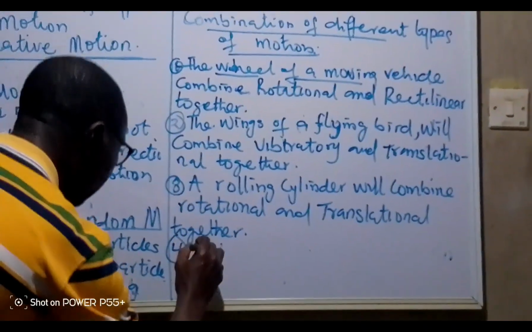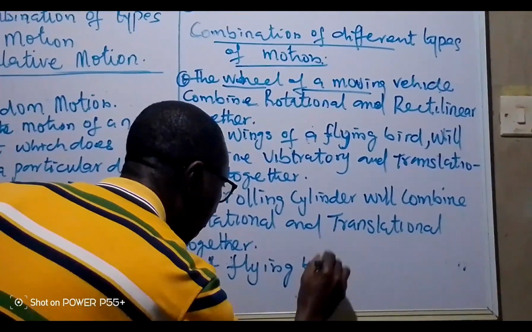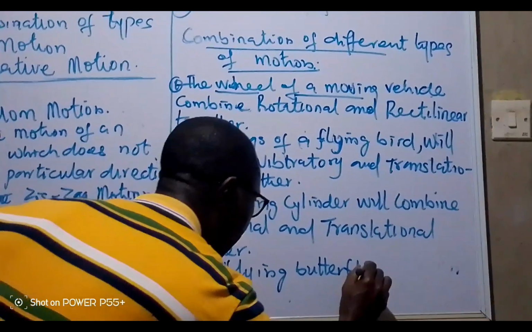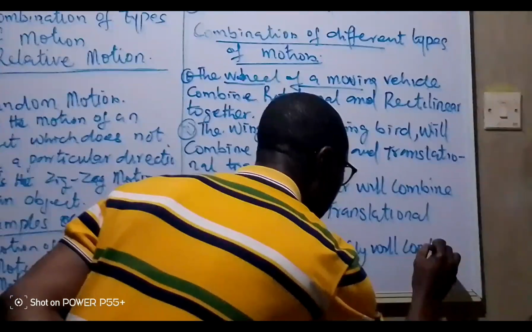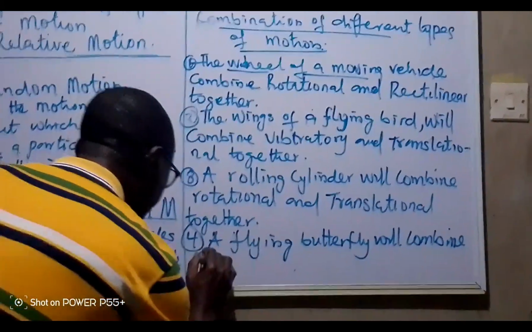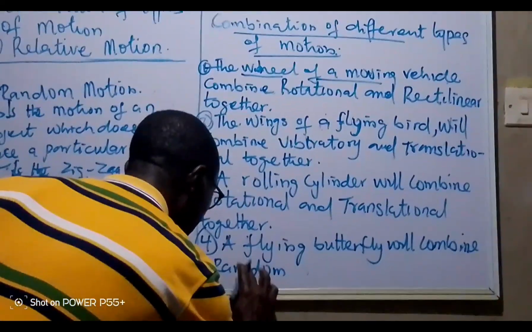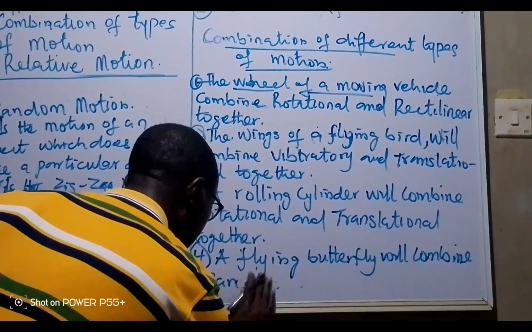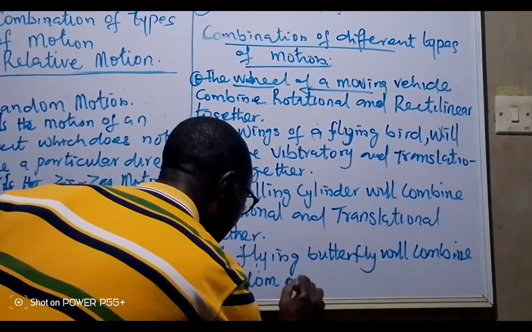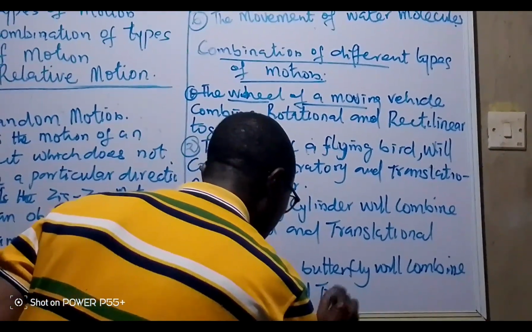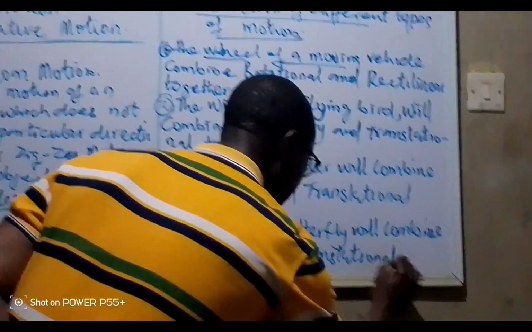Number 4, a flying butterfly. We combine random motion and translational motion.